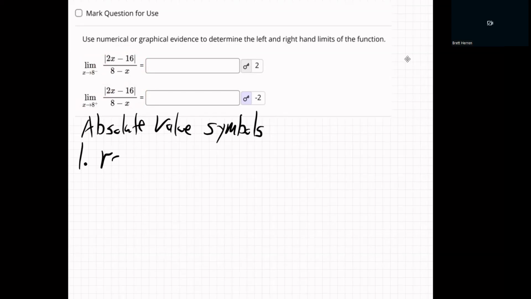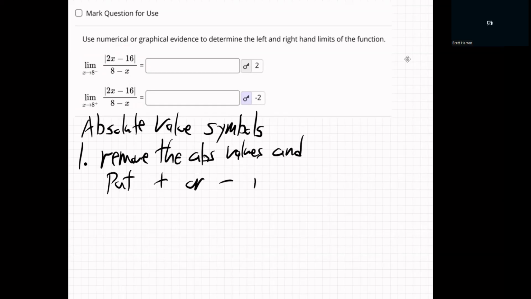Step one, remove the absolute value symbols, and put a plus or minus in front of the inside with parentheses around it.